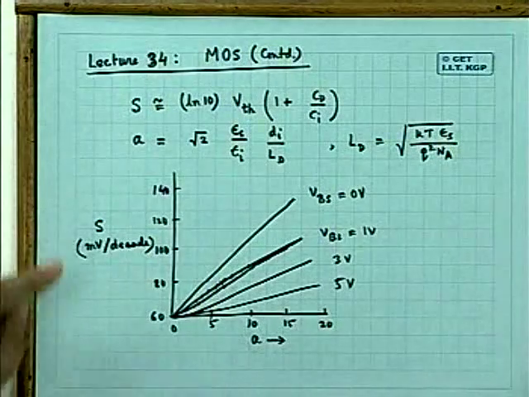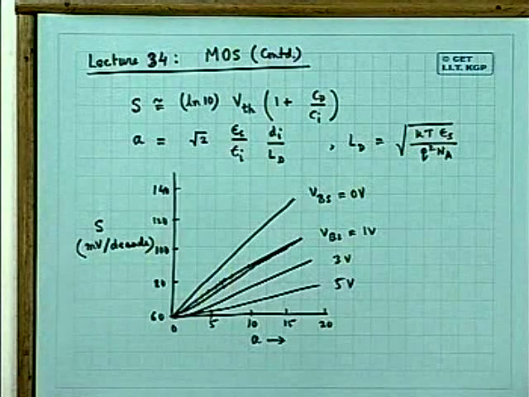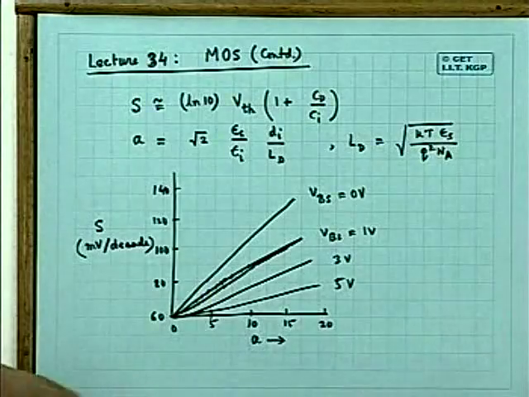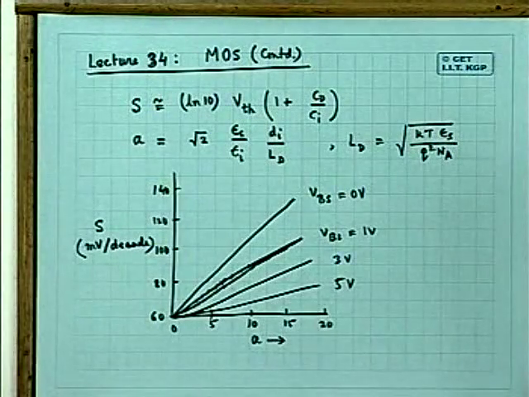So one important thing to note is that the subthreshold slope can be lowered, can be reduced by applying a VBS, which is substrate bias, a reverse bias between the substrate and the source. Can you tell me why it is possible?